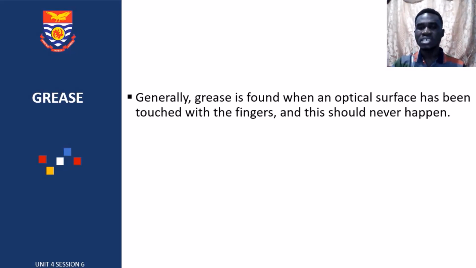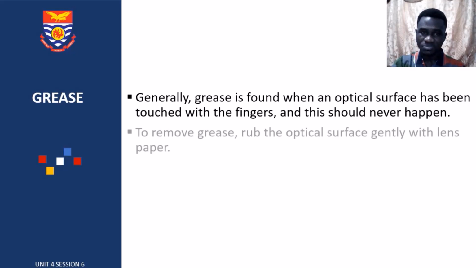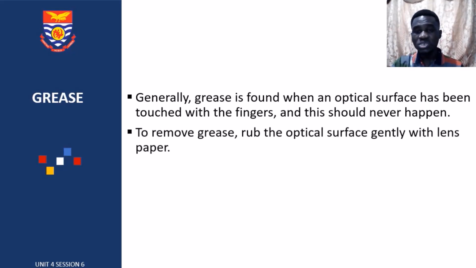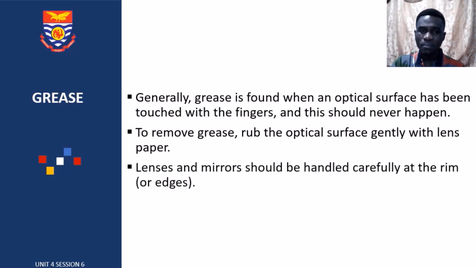Anytime you touch the surface of an optical instrument with your fingers, you introduce grease onto the surface. For that reason, you should always handle these instruments in the right position. To remove grease, rub the optical surface gently with a lens paper. Lenses and mirrors should be handled carefully at the rim.